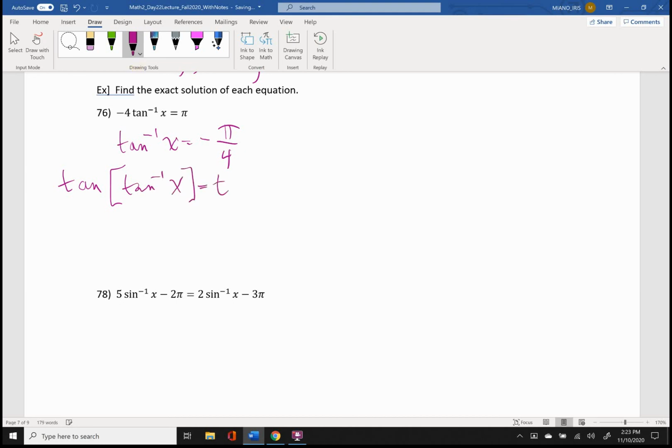So we're essentially taking the tangent of both sides. And they will indeed cancel out here, and we'll have x equals the tangent of negative pi over 4, which if it was just the tangent of pi over 4, it'd be a 1, but since it's negative, that means x will equal -1.